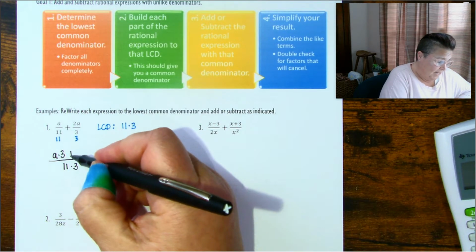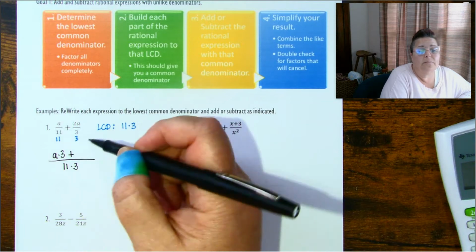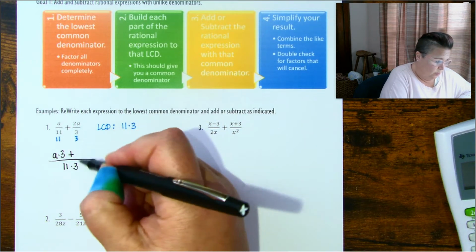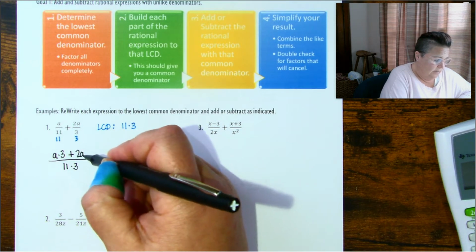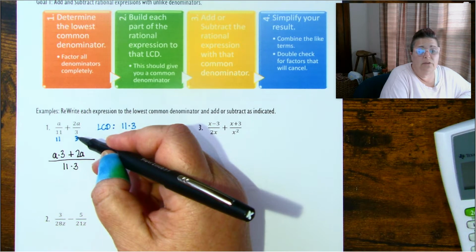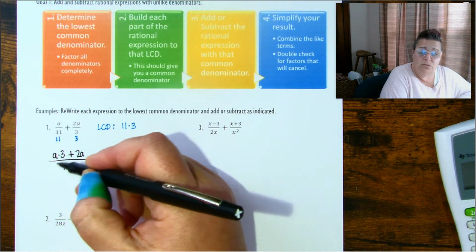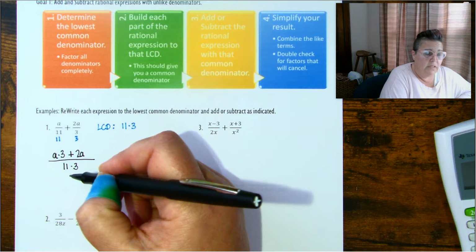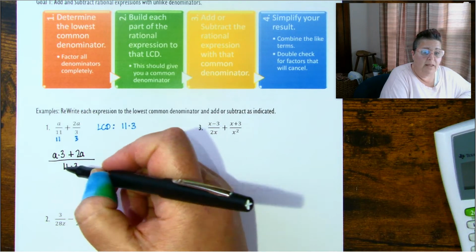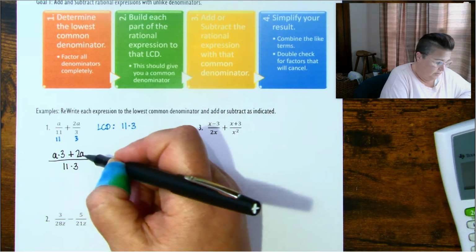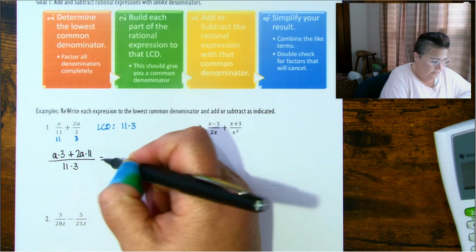Now, I'm going to add, just like it says here. I'm going to take my second numerator, which is 2a. That was originally over a 3. Now, I built a new denominator of 11 times 3. And since I had to multiply the 3 by 11, I will also need to multiply the 2a by 11.